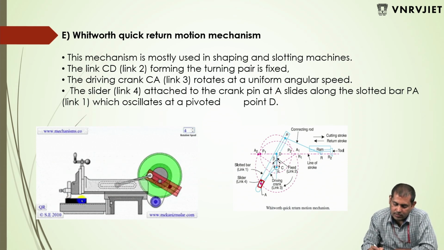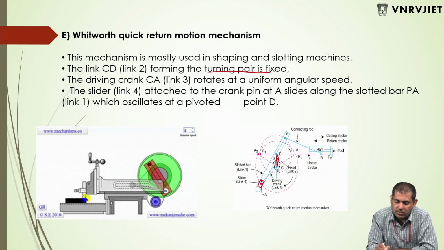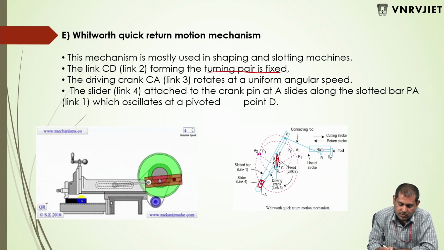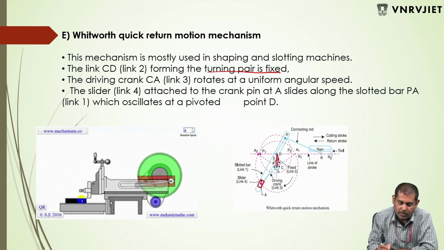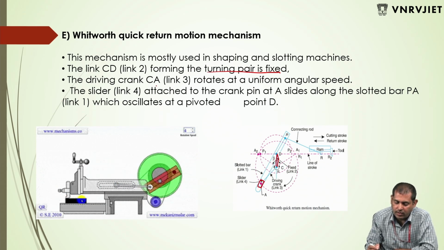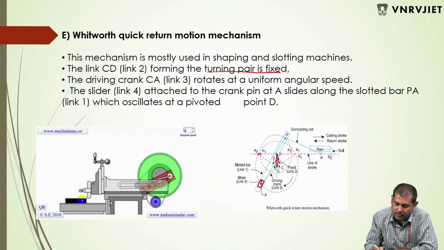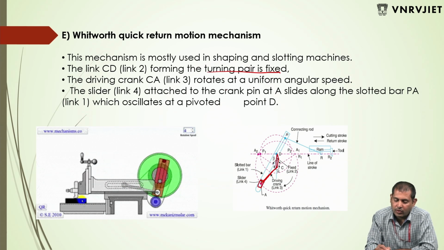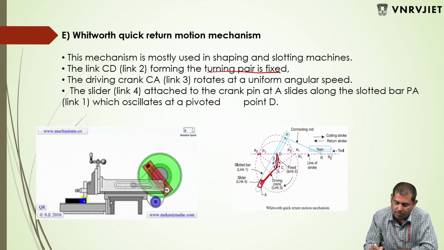So how does it work? The link CD forms the fixed turning pair. The driving crank CA, that is your link 3, rotates at uniform angular speed.